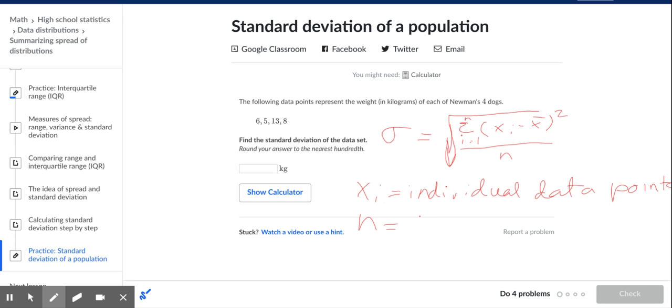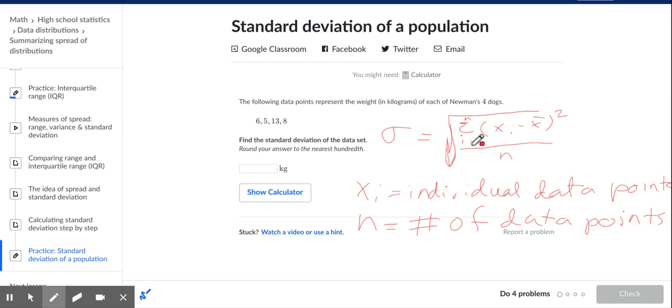N is the number of data points. So in this sum, each time it's going to the next data point, because i is what is increasing from 1 to n. So i is just a subscript saying first data point, second data point, third data point, fourth data point.